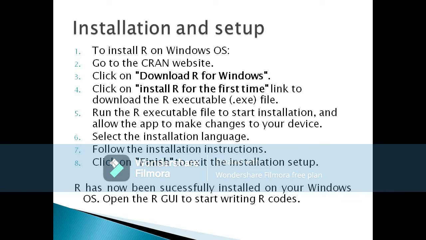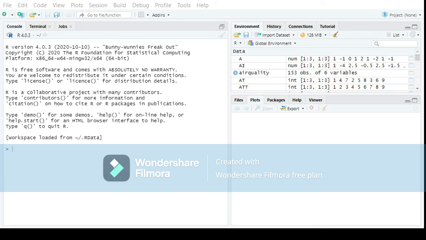So from the control panel or from the start menu, you can open the R graphical user interface to start writing R programs. This screen you are seeing right now is the RStudio window. RStudio is basically an interface for writing R programs, right?